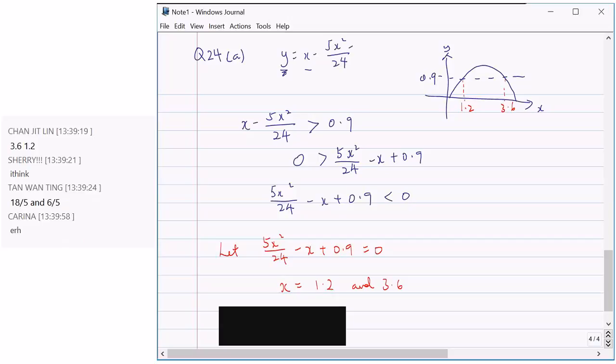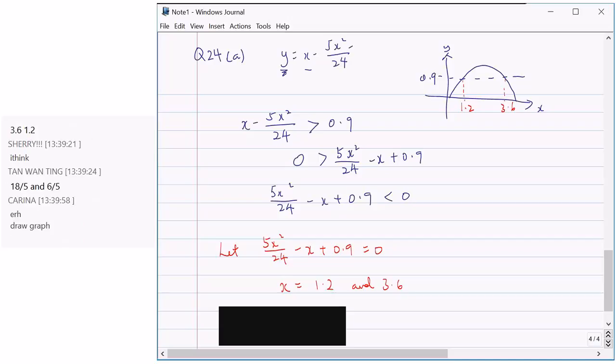Just now, after I solve the equation, what did I do? Yep, draw graph. So this is the inequality I'm solving for. 1.2 is the first intercept. 3.6 is the second intercept.